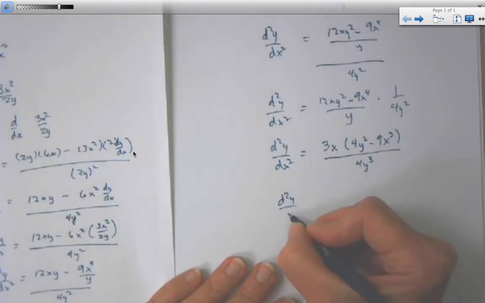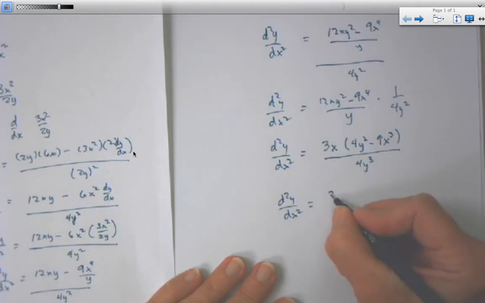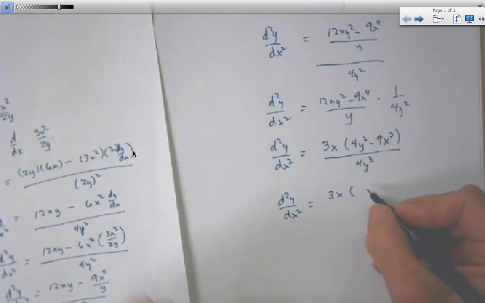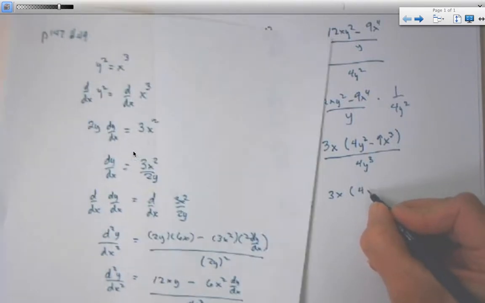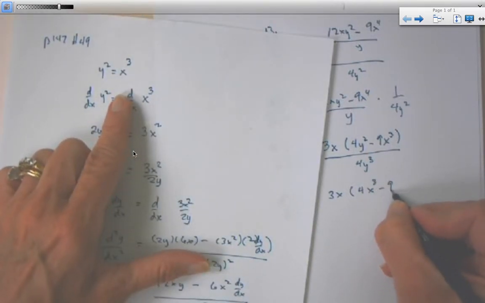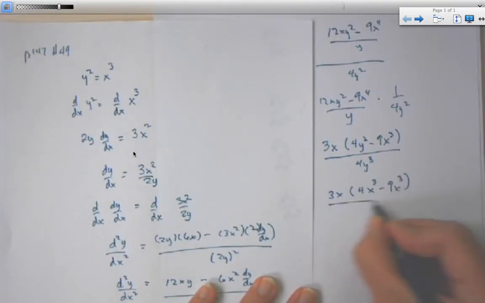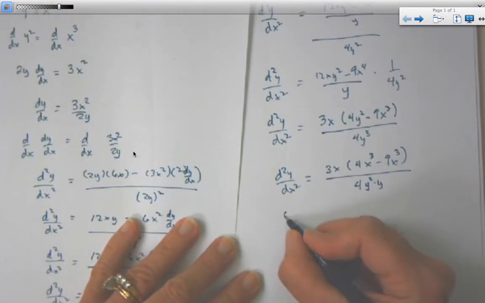All right, so here we go. Wherever I see y squared, I'm going to change it to x cubed. And the denominator, I can rewrite as y squared times y, so I'm going to make another substitution.